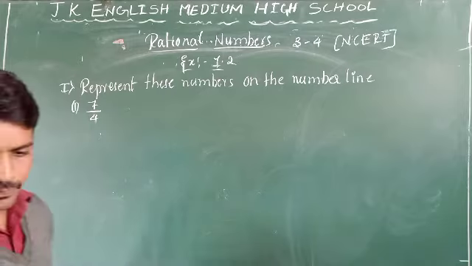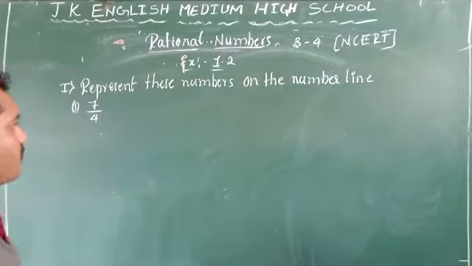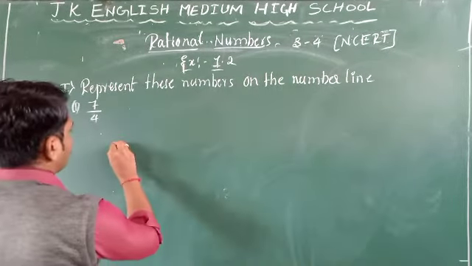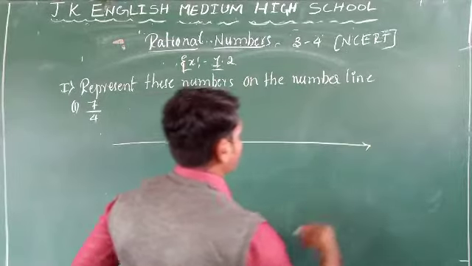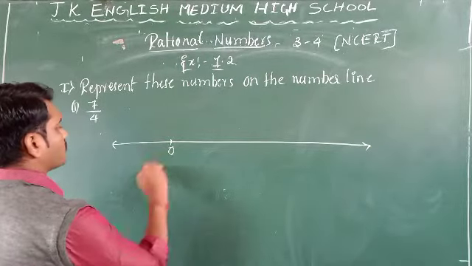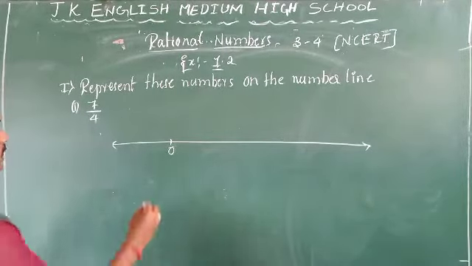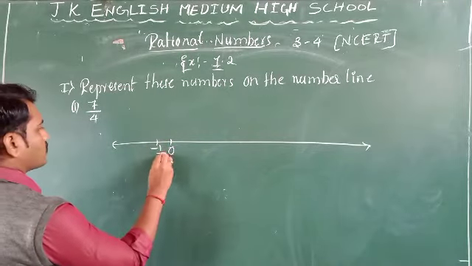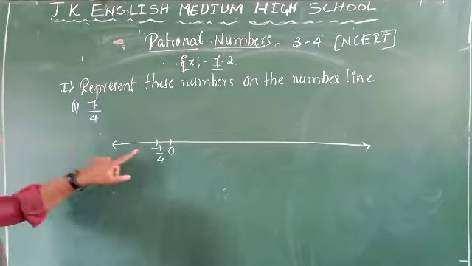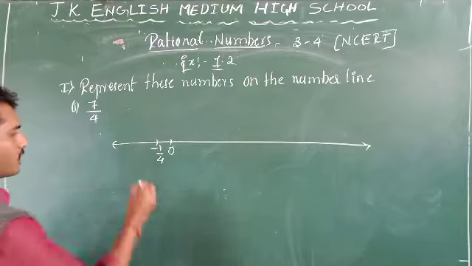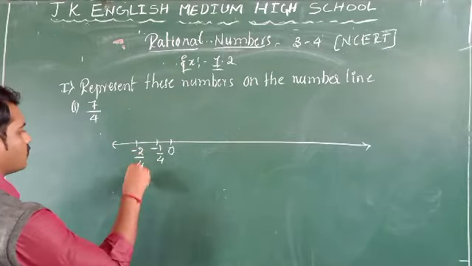7 by 4. So how to represent 7 by 4? Already you have learned. Draw a straight line and make one point. On this side we will take the minus numbers. The denominator is 4, so we write minus 1 by 4, next minus 2 by 4.